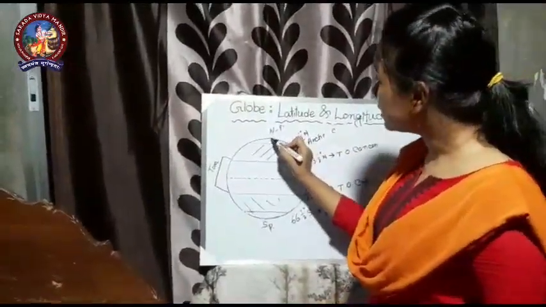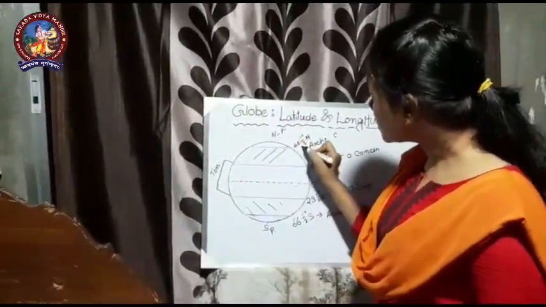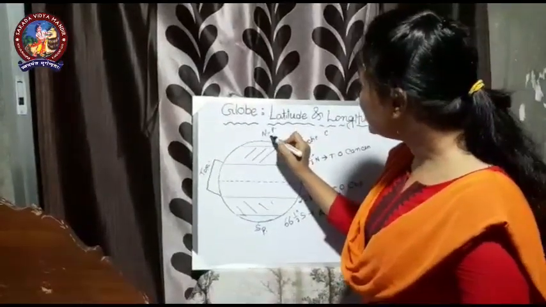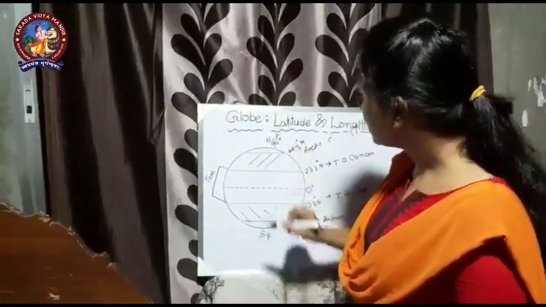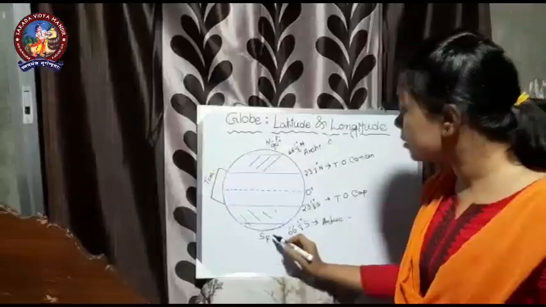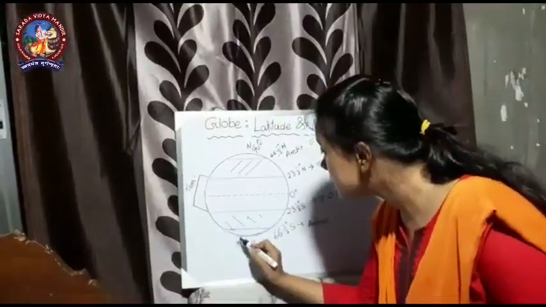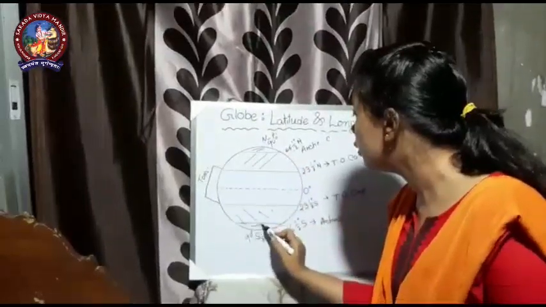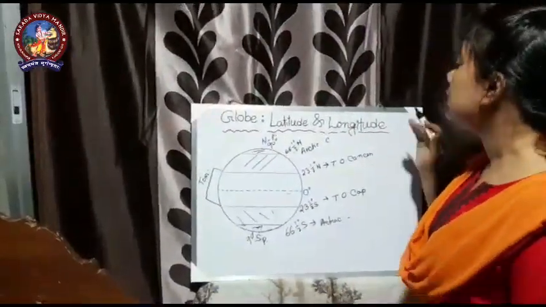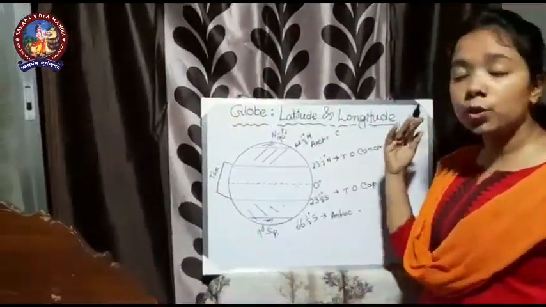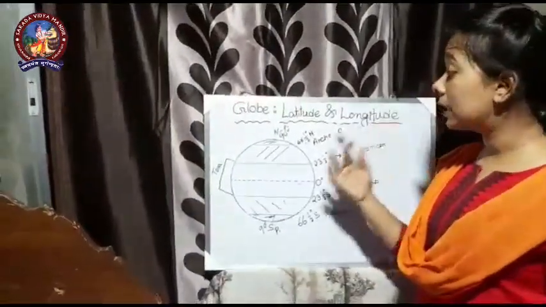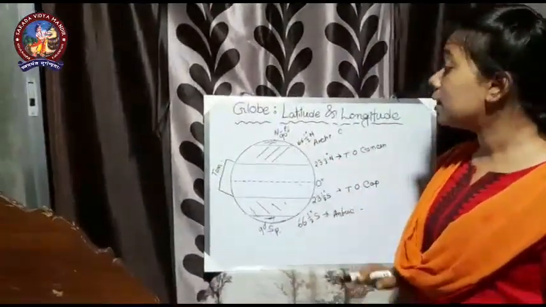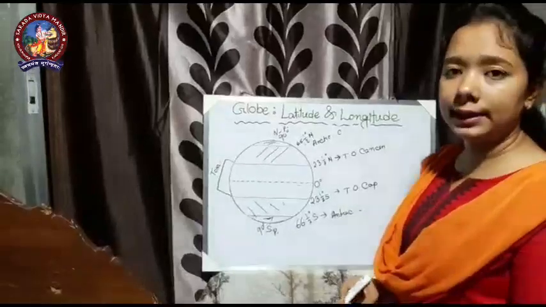Next, the last and third, 66.5 degree north to 90 degree north and 66.5 degree south to 90 degree south. These areas are known as the frigid zone. Here the sun gives totally slanting rays. As a result, these two areas are very cool in climate.